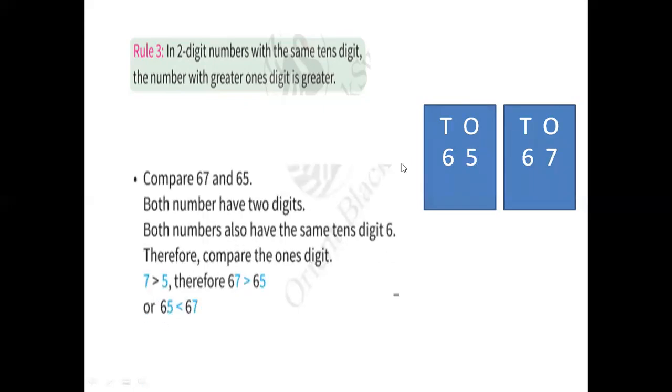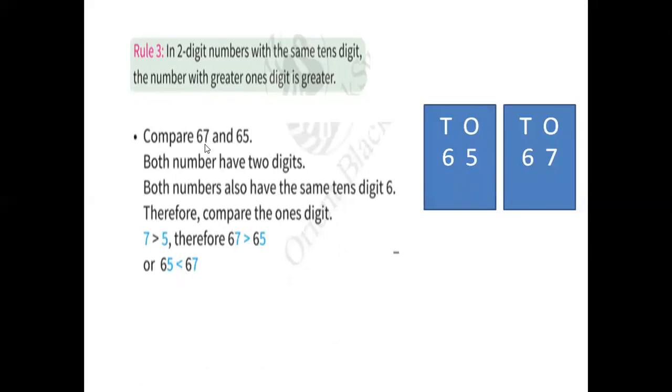So what will happen? When we compare 67 and 65, both numbers have two digits, right? Both numbers also have the same tens digit. See here, 6 and 6. So therefore compare the ones digit. Now we are comparing the ones digit.